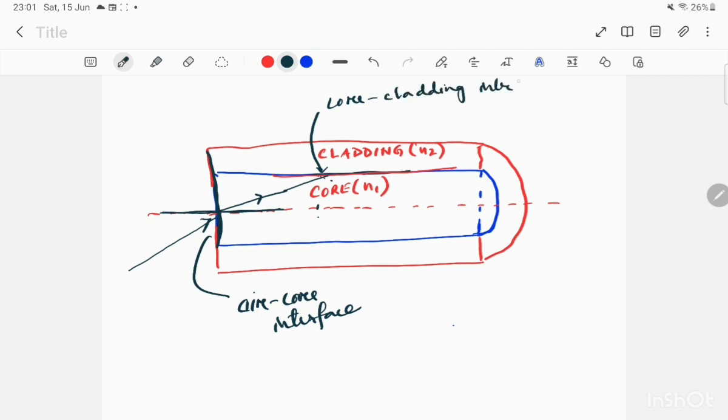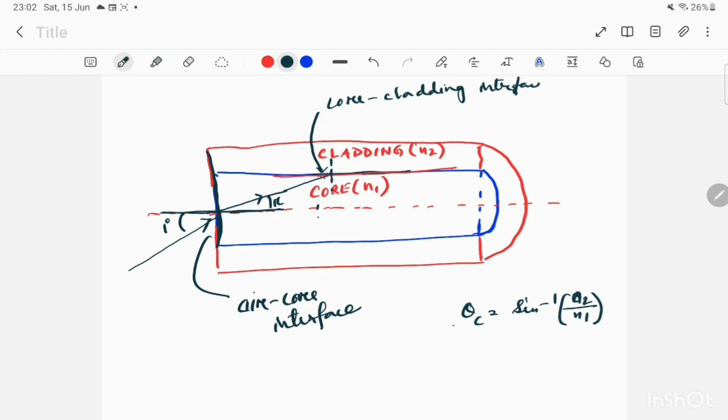At the core cladding interface, theta c is sine inverse n2 by n1. Now say this is the angle of incidence, this is the angle of refraction.